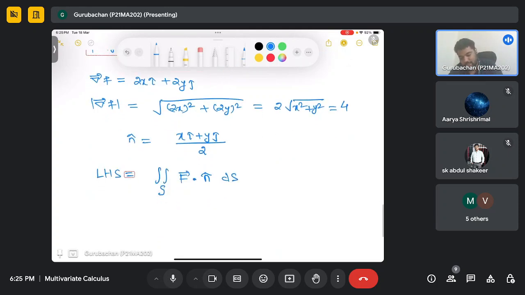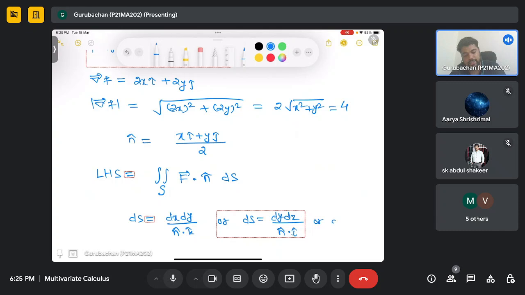And ds can be expanded as either dx dy divided by n cap dot k cap, or as dy dz divided by n cap dot i cap, or dx dz divided by n cap dot j cap.